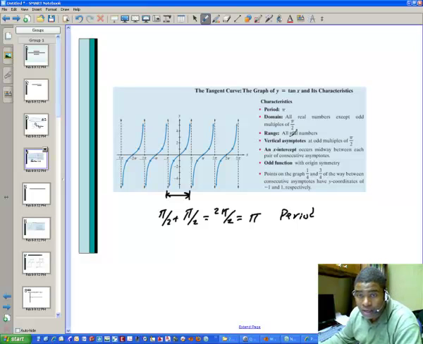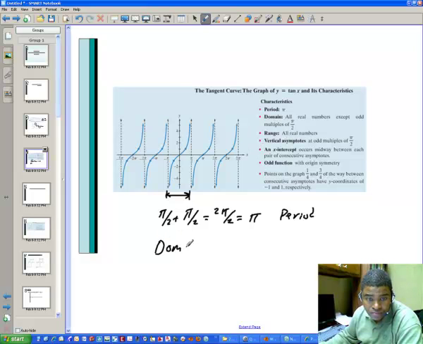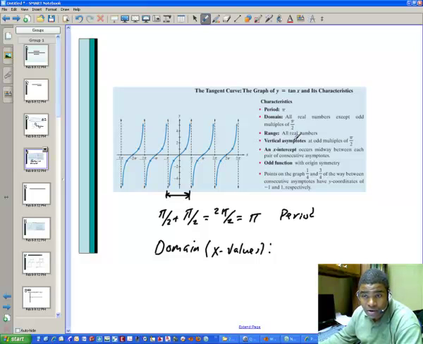As you take a look at the domain, it deals with the x values. If you look at the graph itself along the x values, because we have vertical asymptotes, the graph does not exist at what we call odd multiples of pi over 2.